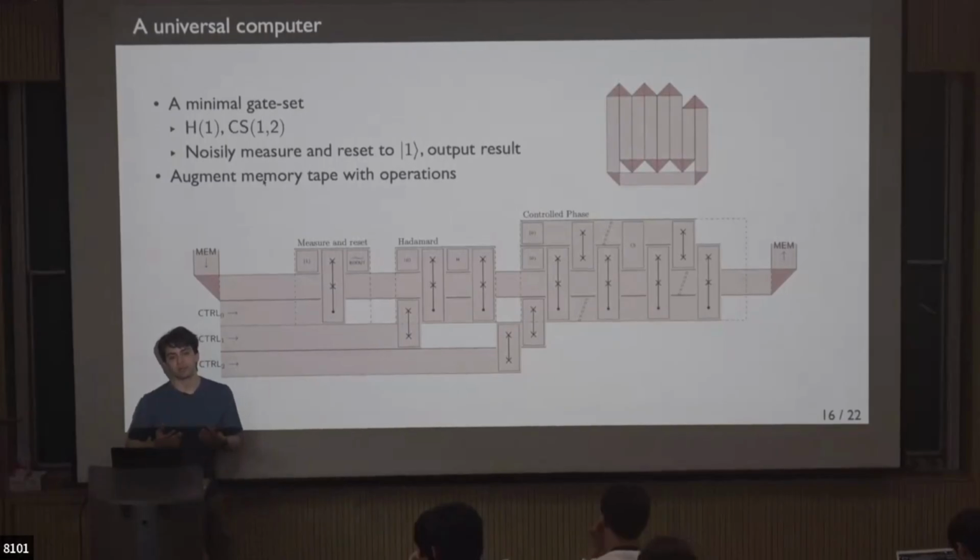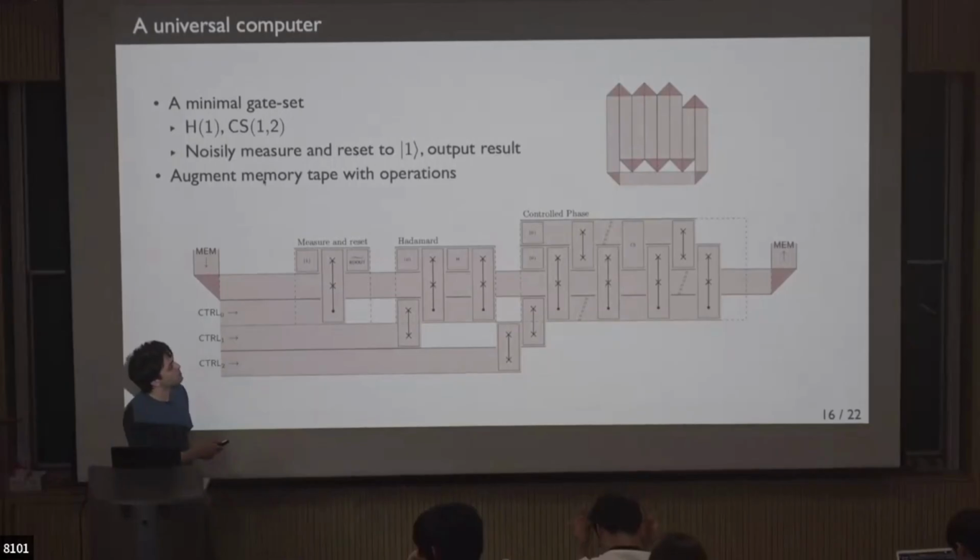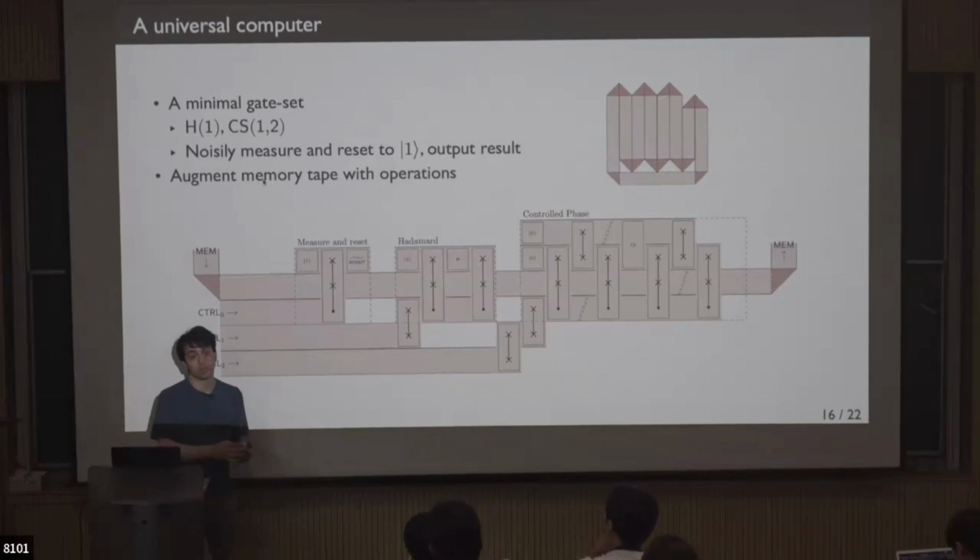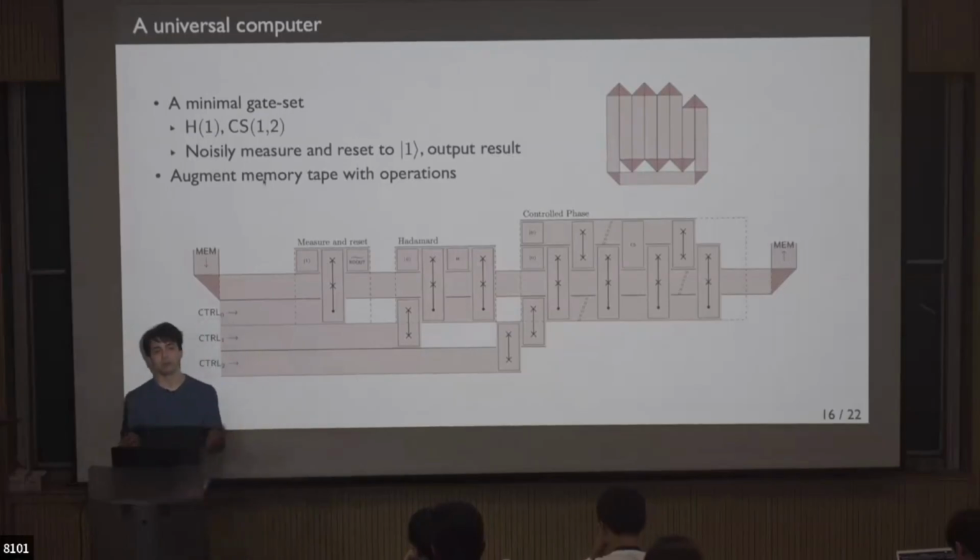So all I'm saying is that my logical failure rate is exponentially small in the width of this tape, but it grows with the number of sites, so the overall length, and also with how long I wait for my memory. Yeah. Go ahead.